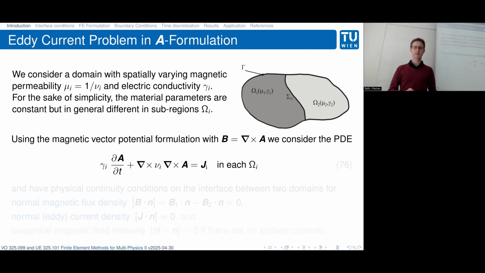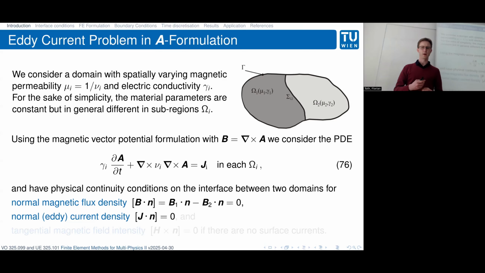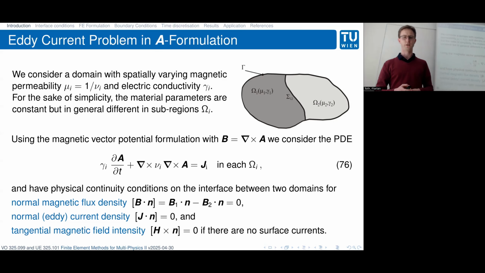We've also seen last time that we need to satisfy some physically motivated boundary conditions, being the normal magnetic flux density jump over an interface must be zero, and the normal eddy current density jump also must be zero. So the current is continuous over an interface, or the normal direction of the current is continuous.